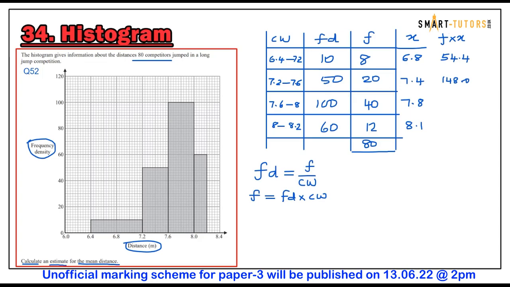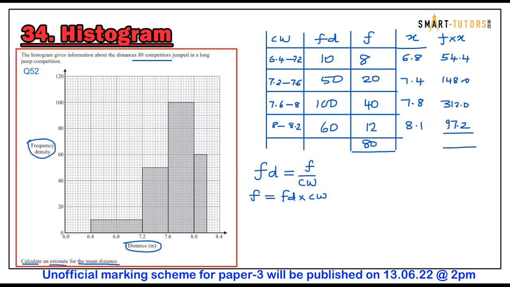The next one is 7.8 times 40, which is 312. And the final one is 8.1 times 12, which is 97.2.